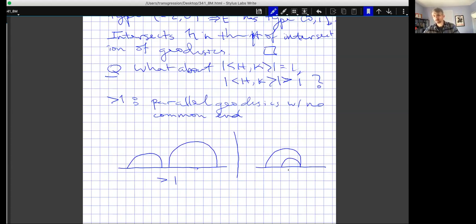Those are the lines in the isotropic cone, the boundary of the hyperbolic plane. And so right here is this phenomenon of what we're calling a common end. And this is what happens when the inner product has magnitude 1.